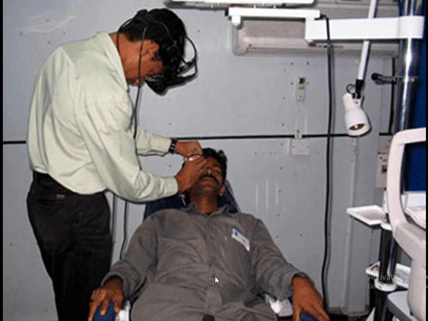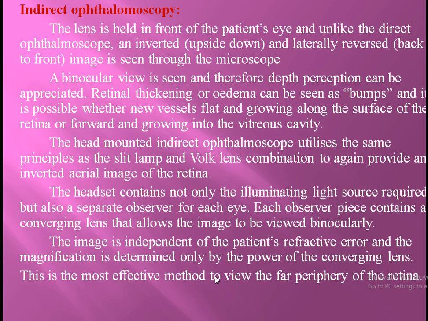Now coming to the image formation. I repeat that the image formed through this apparatus is an inverted, laterally reversed image seen through the microscope. A binocular view, what is that?